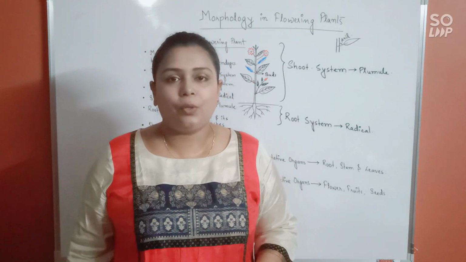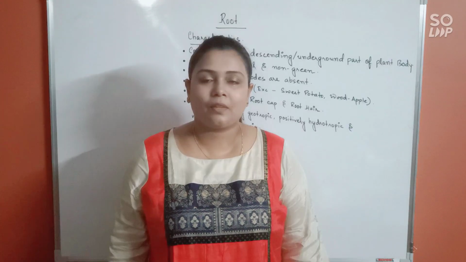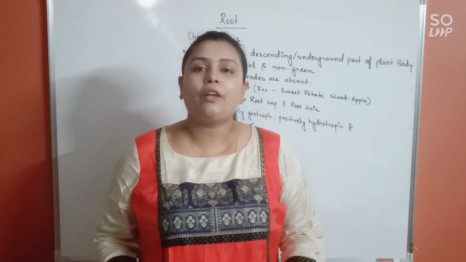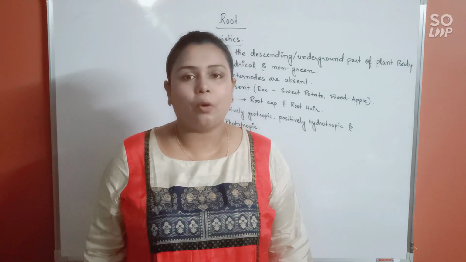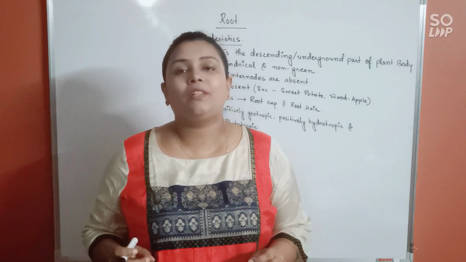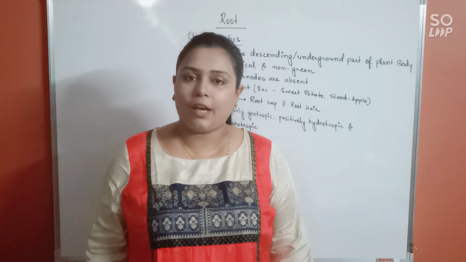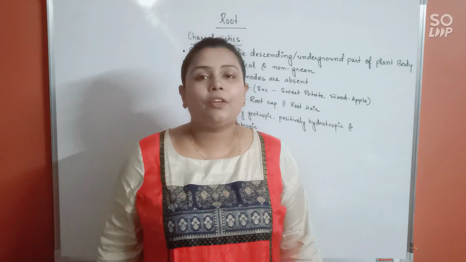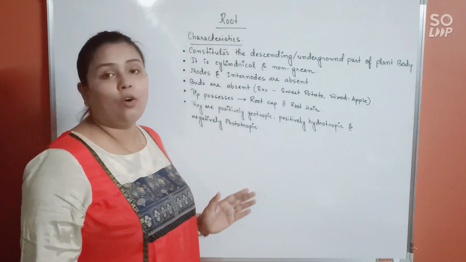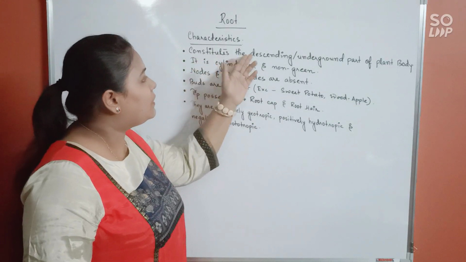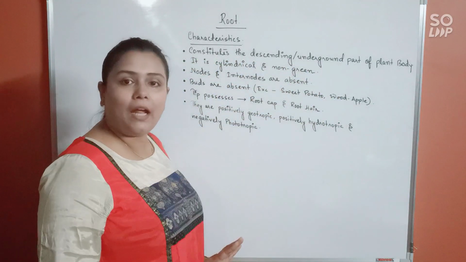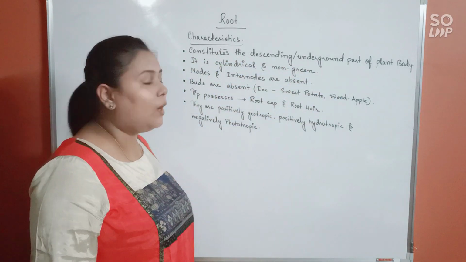So let us start with root. So already all of you know that roots are the underground or descending part of the plant body that arises from the radicle of the embryo, right? So these are a few general characteristics of the root. First, it constitutes the descending or underground part of the plant body, which all of you know by now.